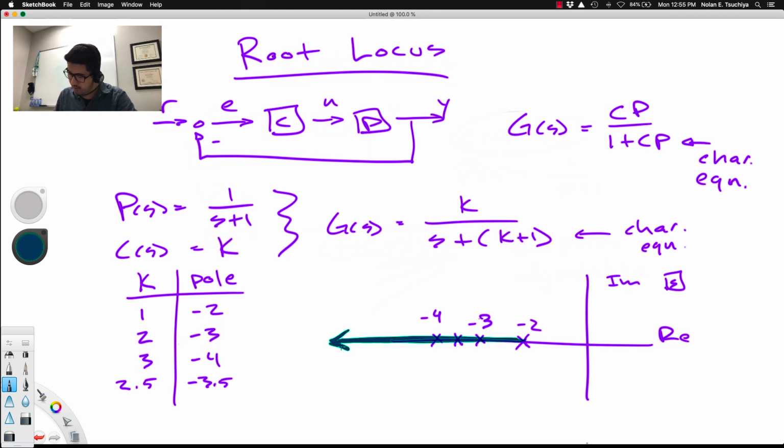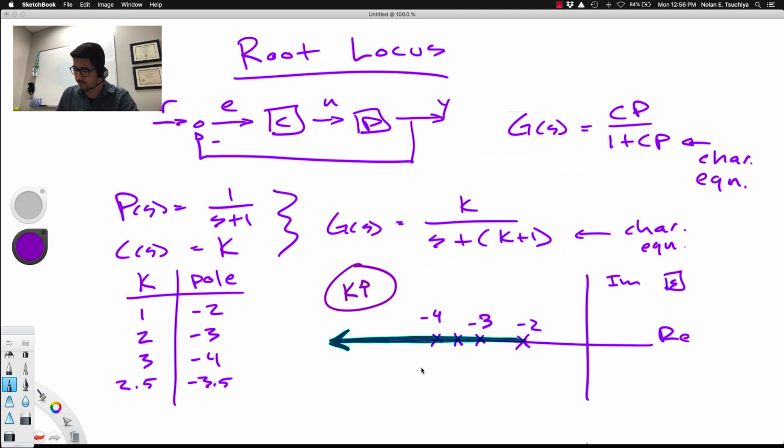And the direction of that line is very important because the direction of that line indicates the direction of the closed loop poles as you increase the k parameter. So that's the main idea behind the root locus, is that as you adjust the control gain, the closed loop poles are going to move, and the root locus tells you precisely how those poles are going to move around in the s-plane.